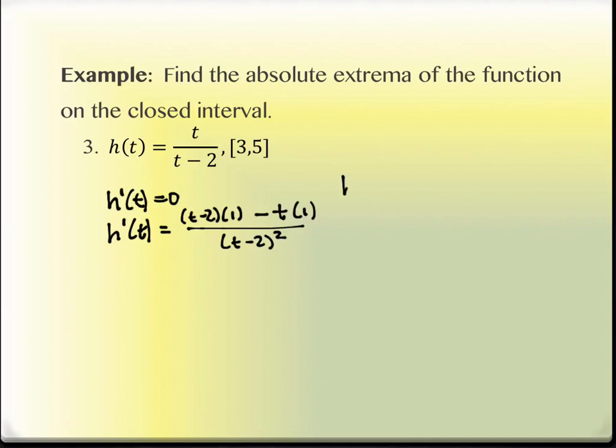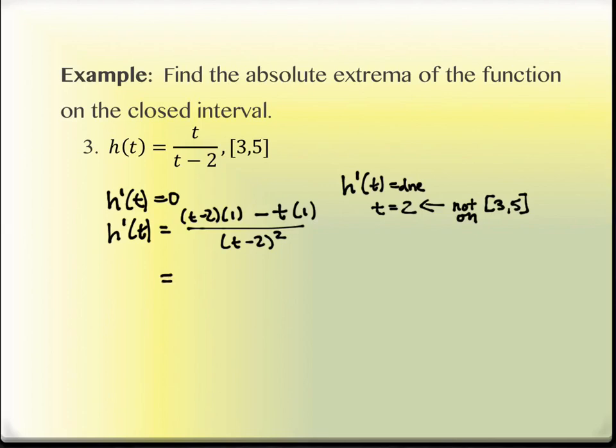And technically, I should also be finding where the derivative does not exist. We've already talked about that. That happens at t equals 2, and it's okay, though, because this is not on the interval 3, 5. So I don't get any new information out of it from there. So I really only have the first piece.